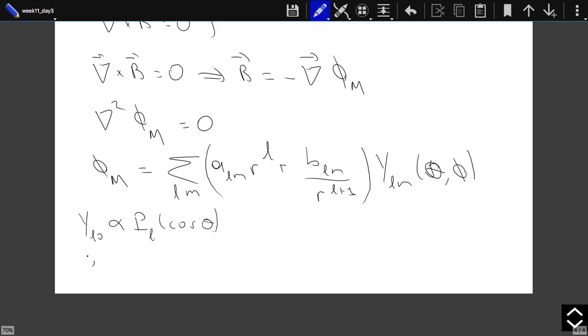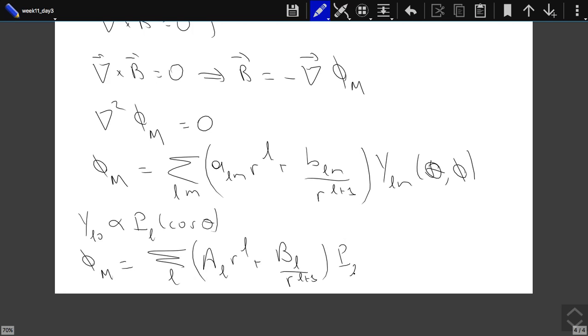So just from the beginning, I can say that my scalar magnetic potential, both in region 1 and in region 2, should have this form, for some coefficients A_l and B_l.